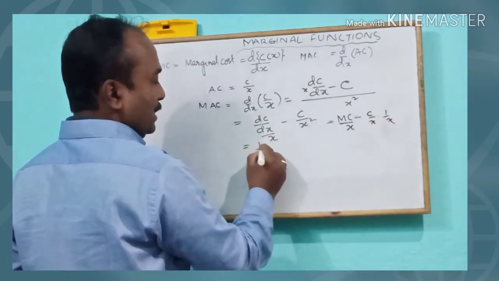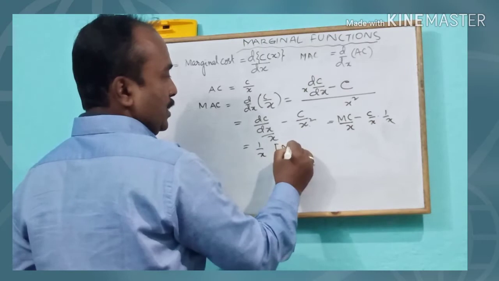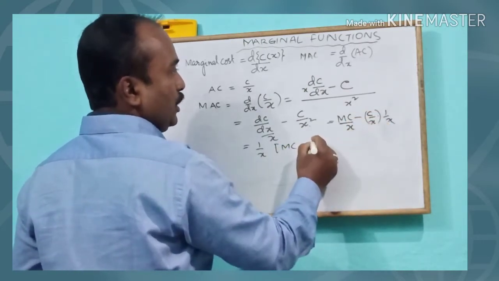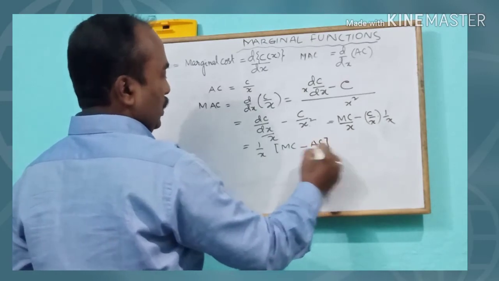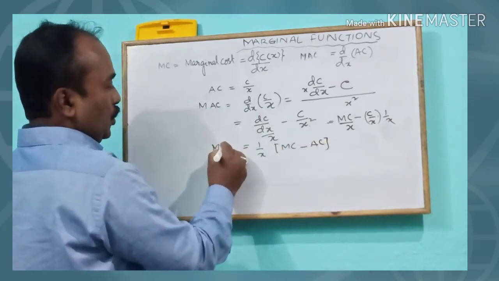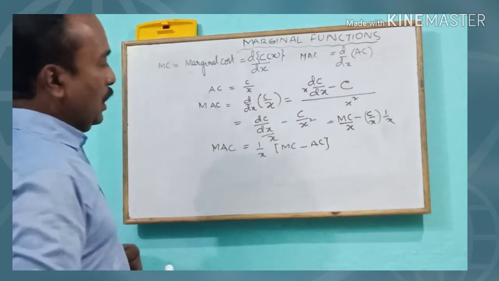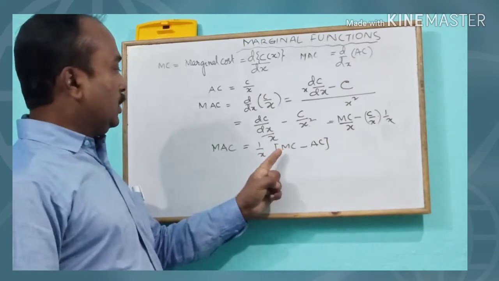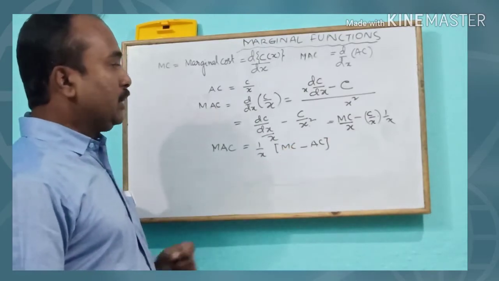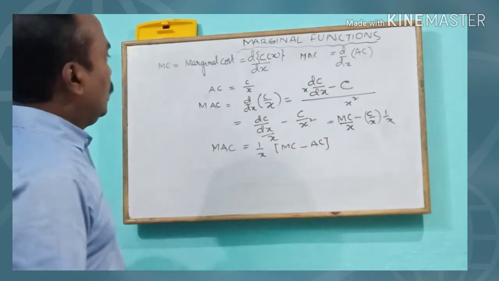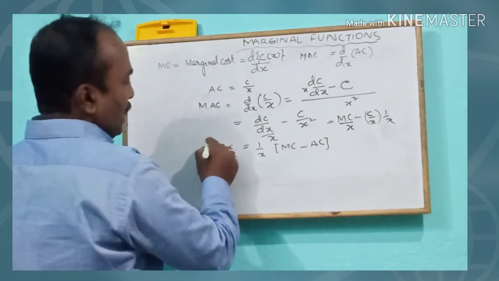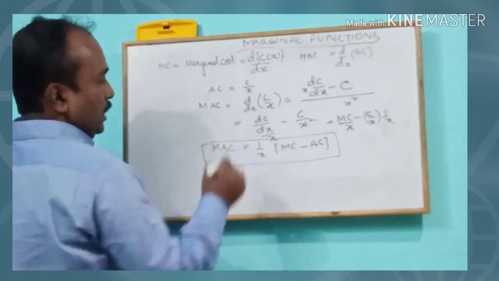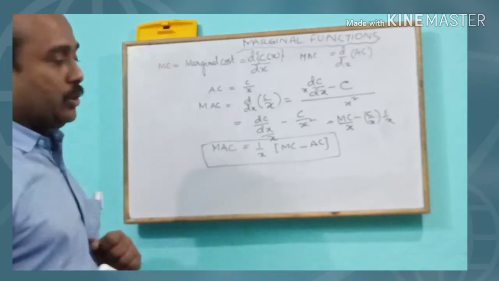So this is 1 by X could be taken common. MC minus C by X is average cost. So marginal average cost is given by 1 by X into marginal cost minus average cost. So this is the relation between marginal average cost and marginal cost and average cost.